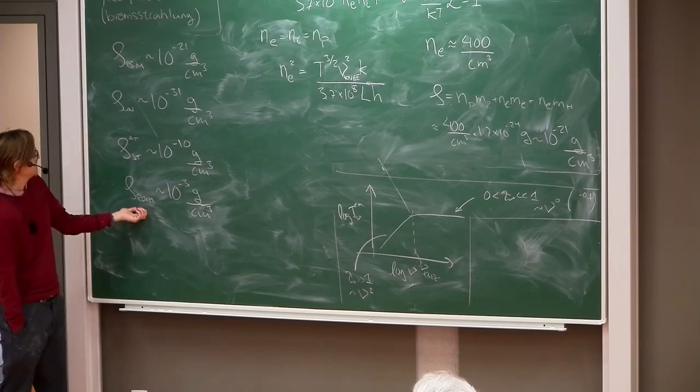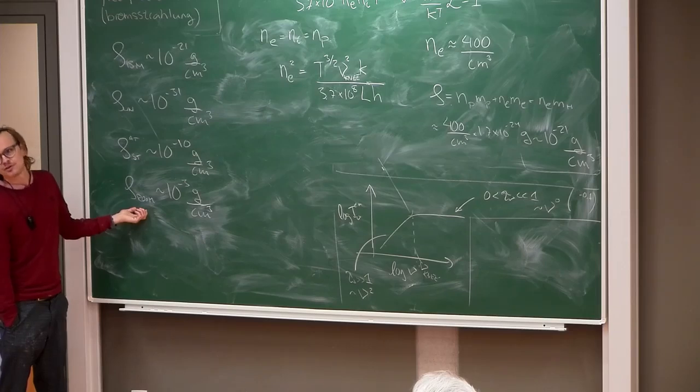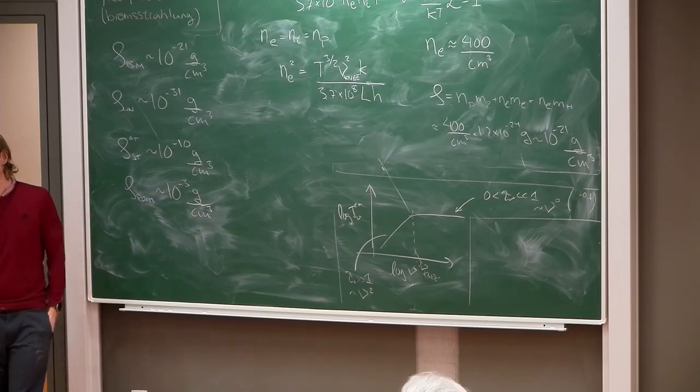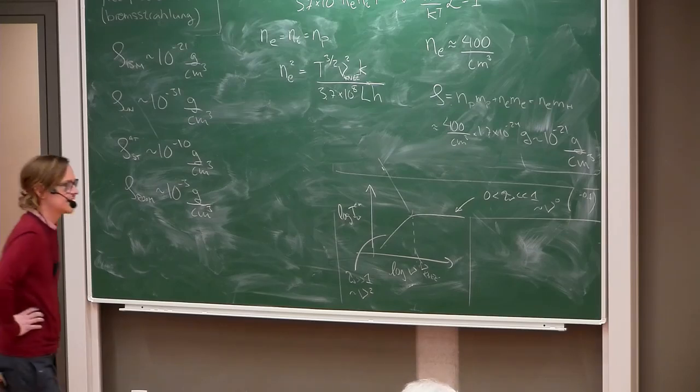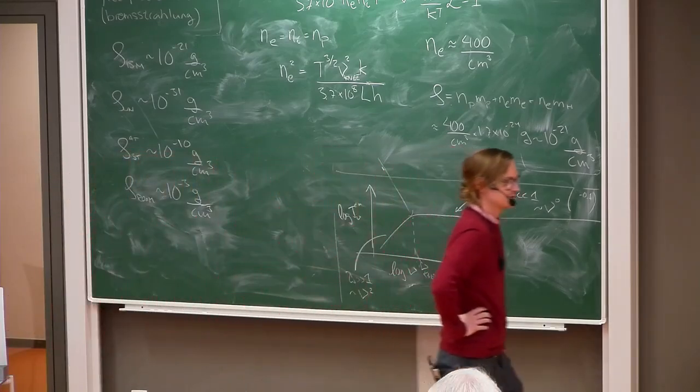And as you can see in just this course, we span some 30 orders of magnitude in the various estimates that we do from different situations. It's always nice to take a second to consider that fact, I think. All right, that's it for today. That was our Bremsstrahlung.